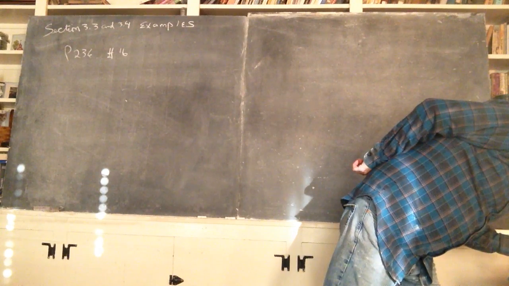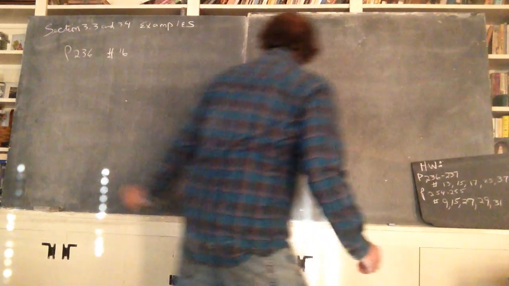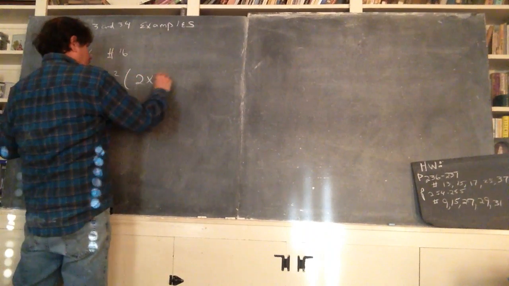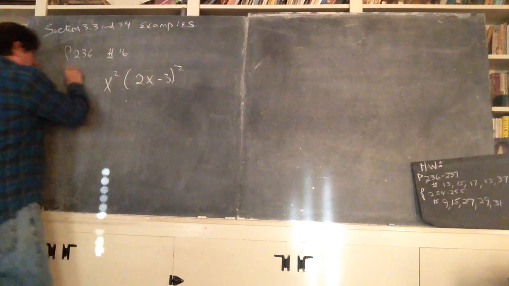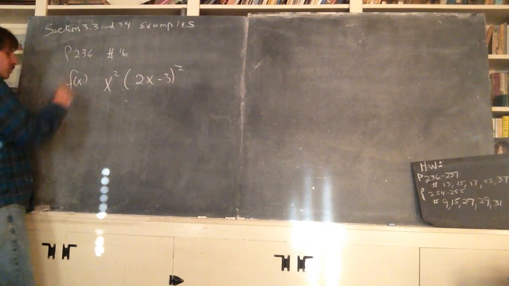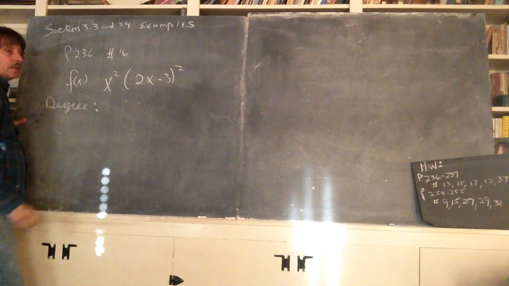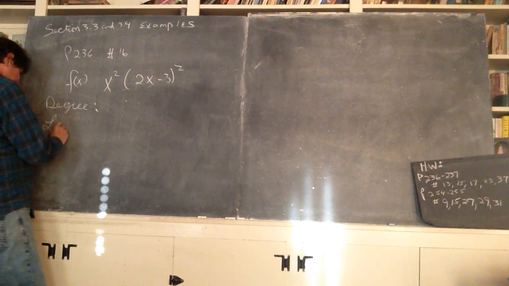x squared (2x minus 3) squared. And it's asking for degree and leading coefficient.